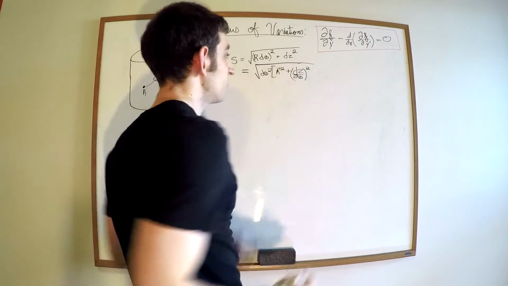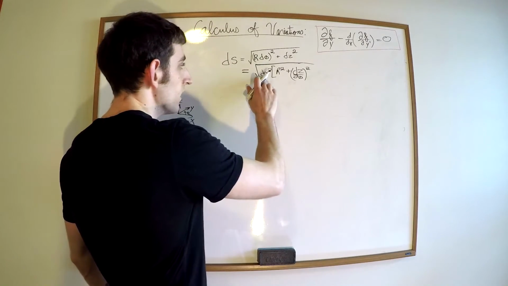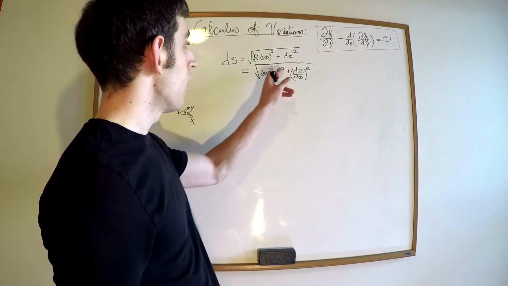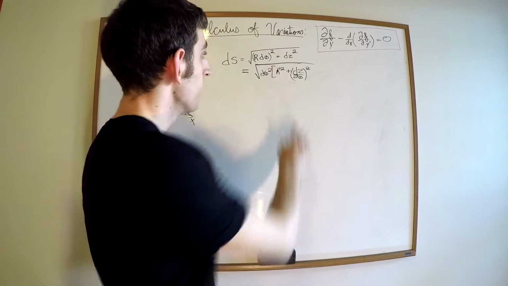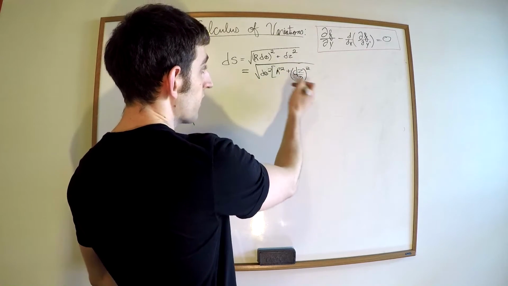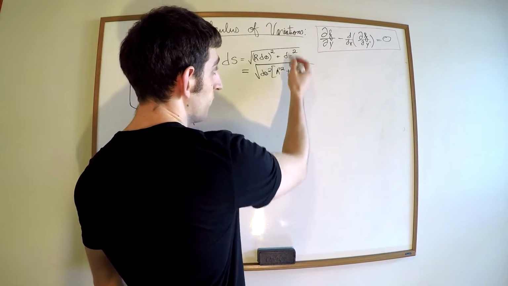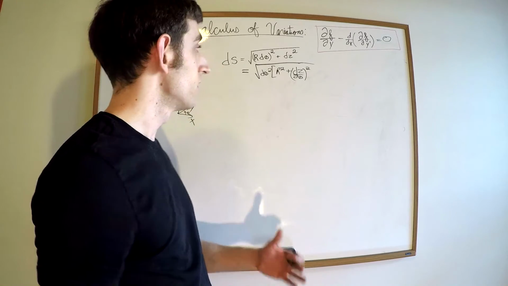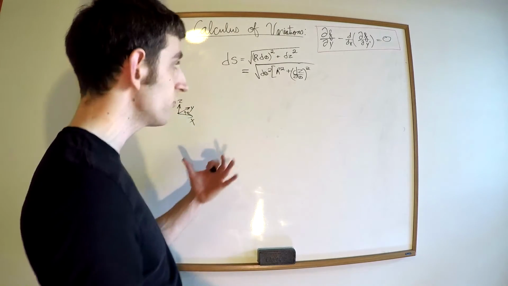And we see we didn't change anything here because if we multiply this through again, we get r squared d theta squared plus the d theta squareds, and the d theta squareds cancel, plus that dz squared. Okay, that dz squared comes back. So we didn't do anything here.